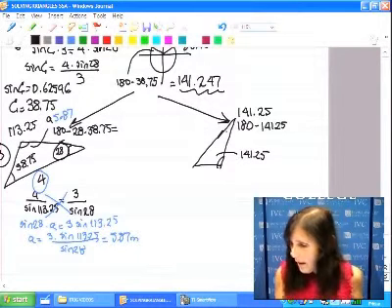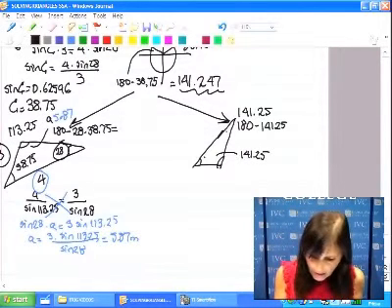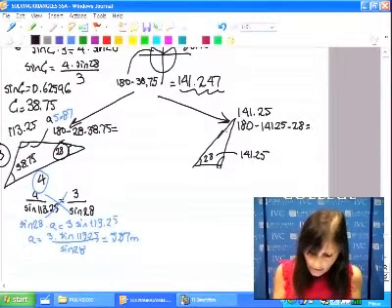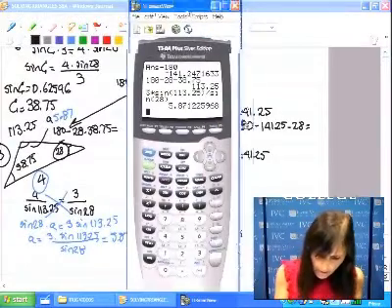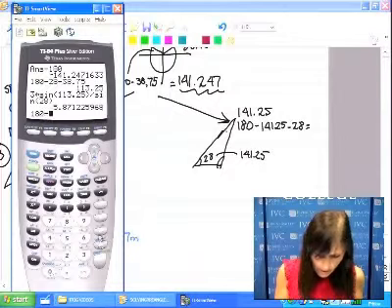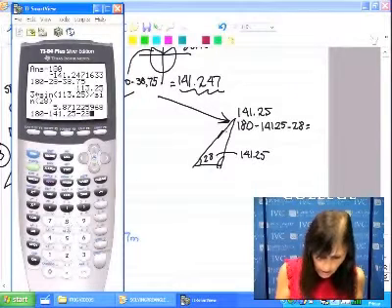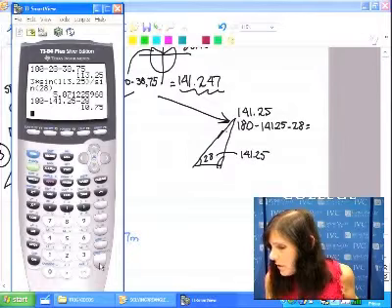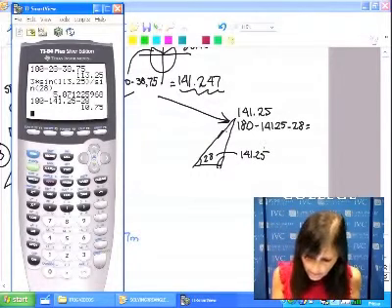Okay, and the other one is 28. And how much is that? 180 minus 141.2 minus 28. That gives me about 10.8.